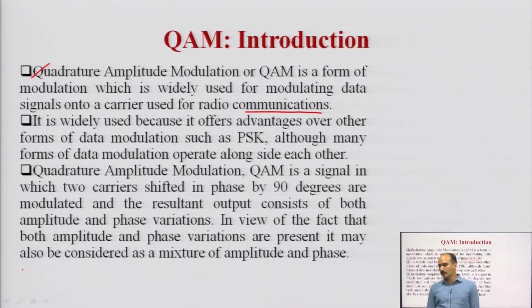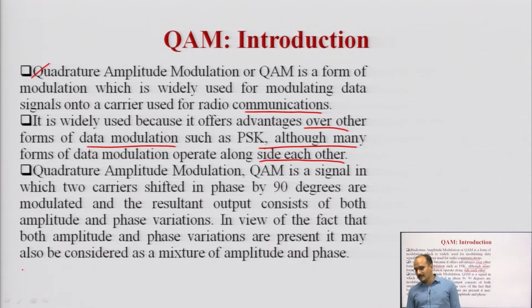It is widely used because it offers advantages over other forms of data modulation such as PSK. It improves on the advantages of PSK and gets some more, making a more precise system.